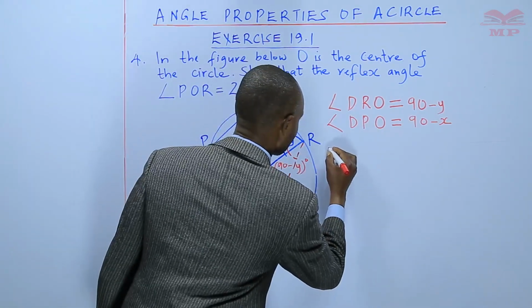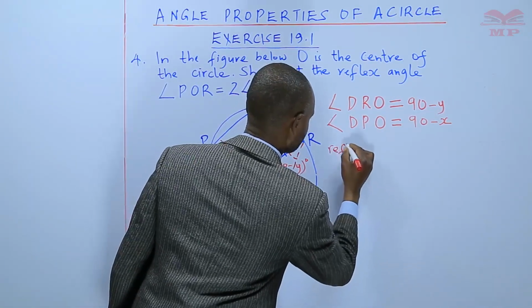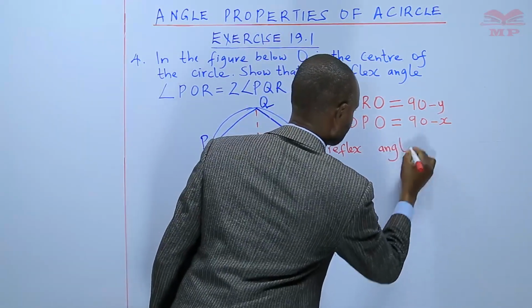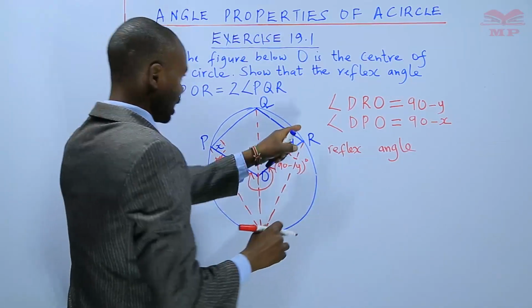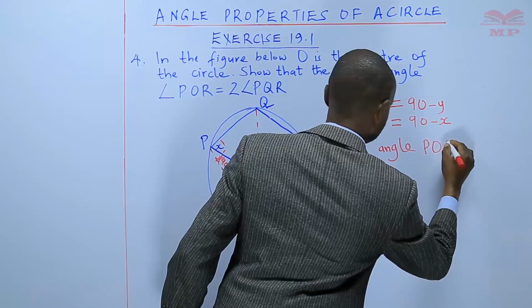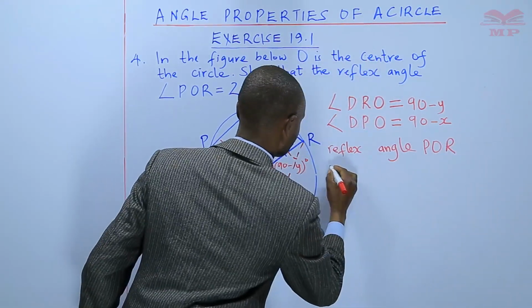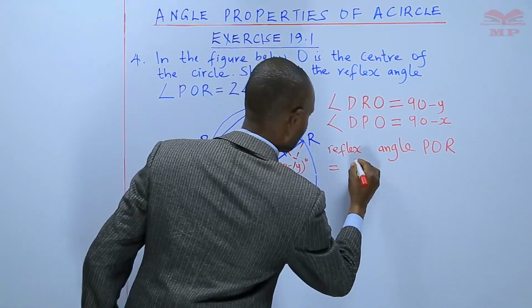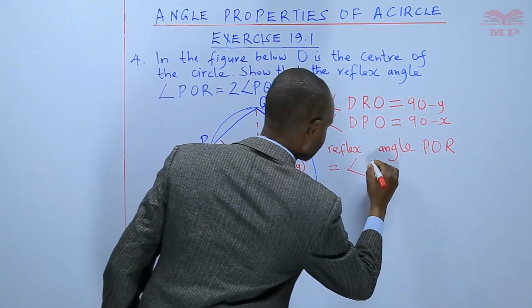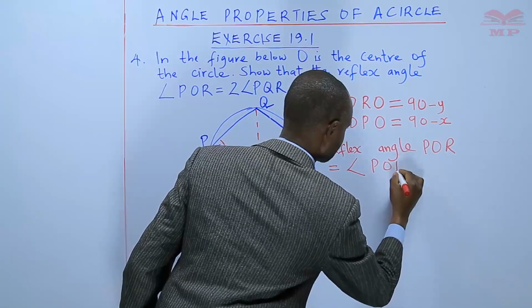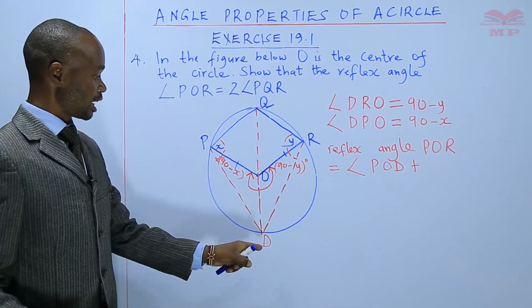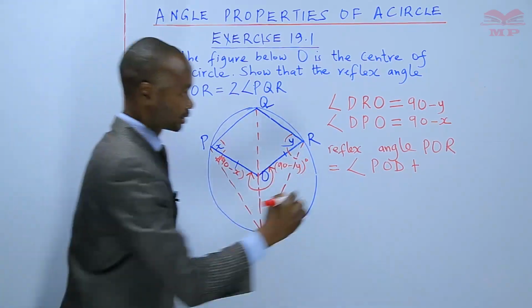So reflex angle POR is equal to the value of angle POD plus the value of angle DOR.